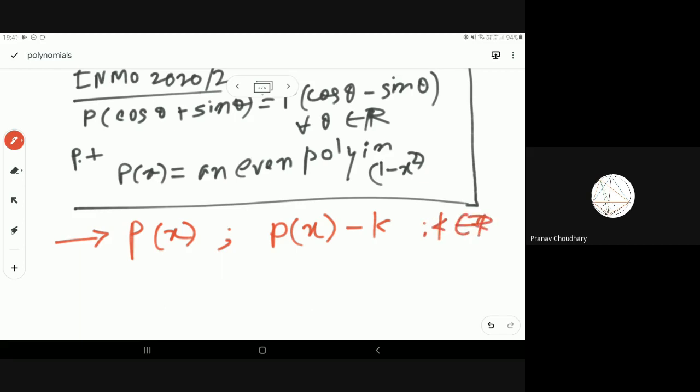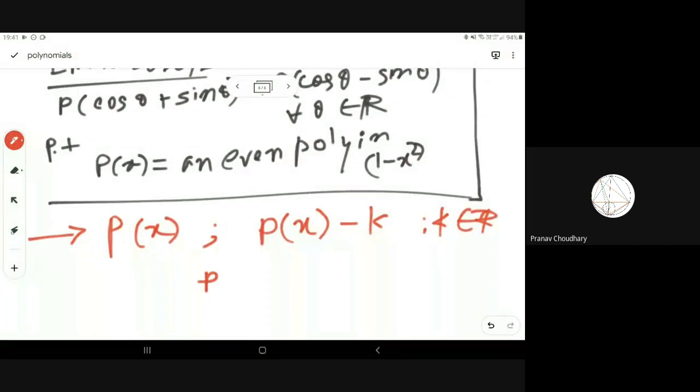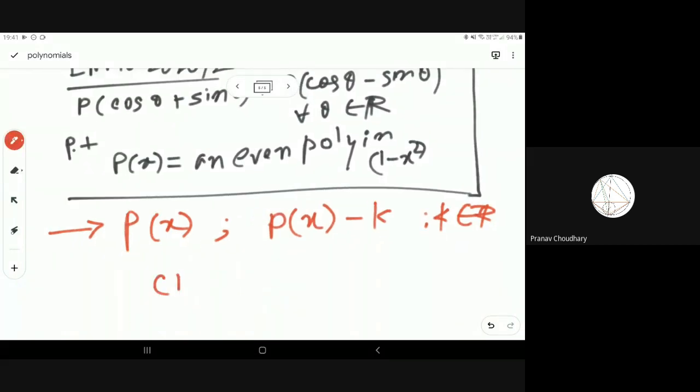Do you agree with this? This means that we can force p to have a root at any point. Also note that you need to prove that it is a polynomial in 1 minus x squared, right? As I mentioned, if p(x) shifted by any constant is also a solution.